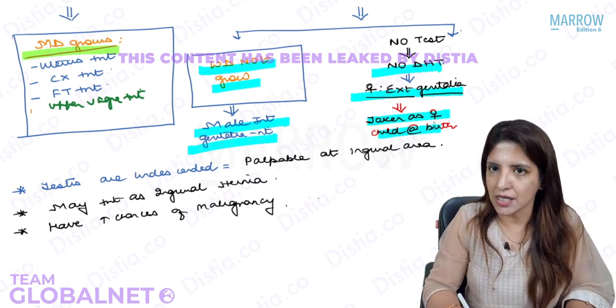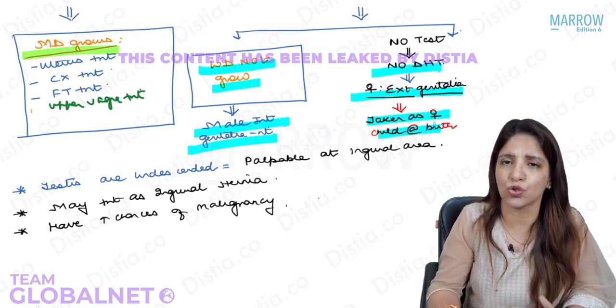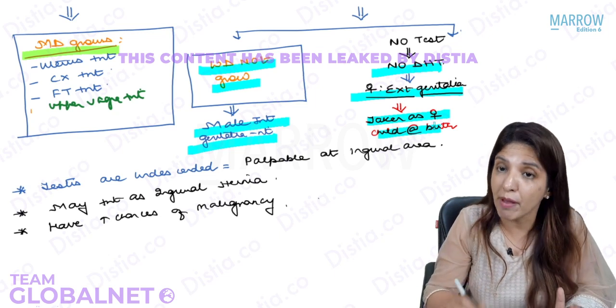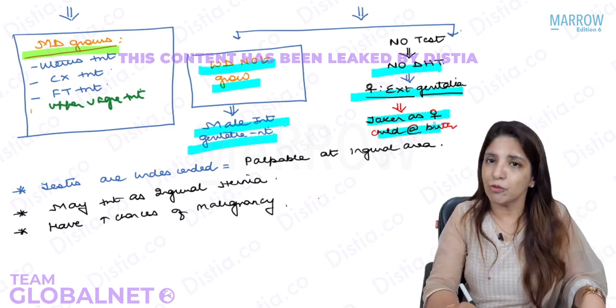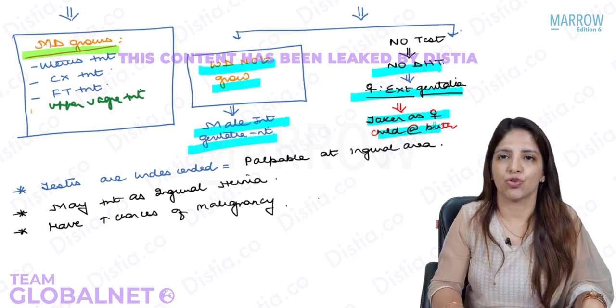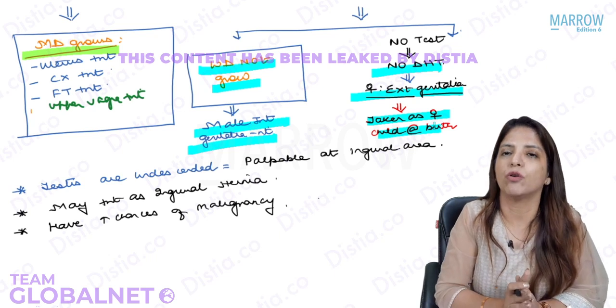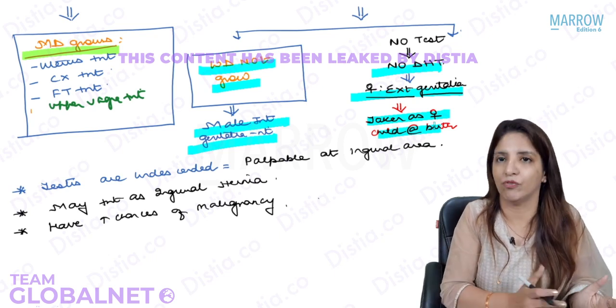Now, these testes, or if there is no scrotum, obviously, and there is no testosterone, no dihydrotestosterone, remember, it is this anti-Mullerian hormone, testosterone, and dihydrotestosterone, basically the two, the anti-Mullerian hormone and testosterone, which helps in the descent of the testes.